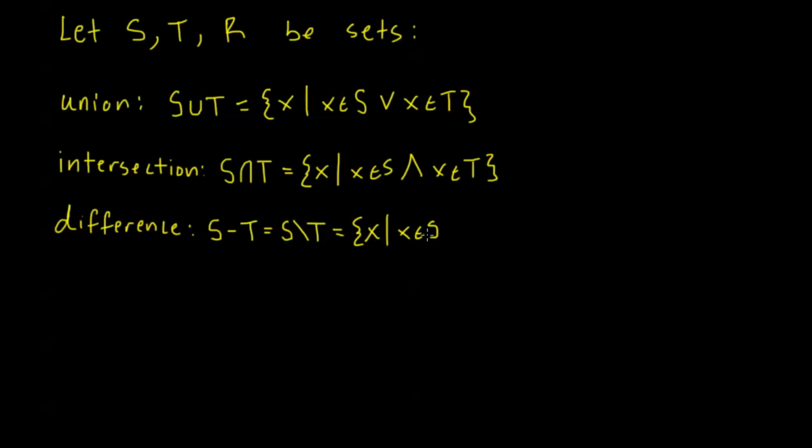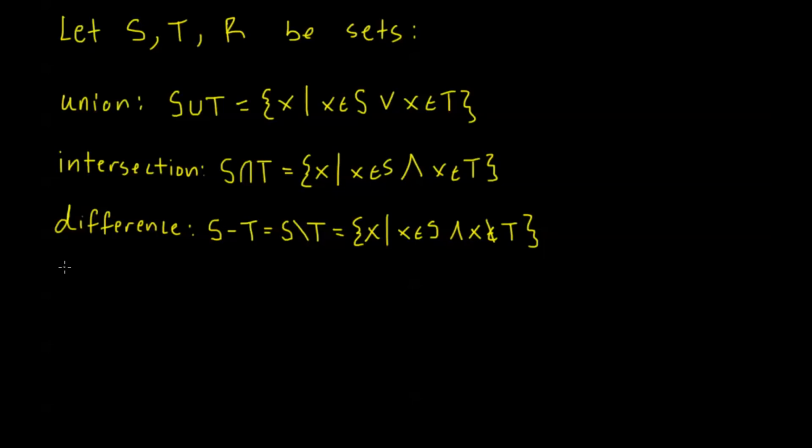So all of the X where X is in S and X is not in T. So basically we're taking the entire set S and then we're removing any elements from S that happen to be in T.